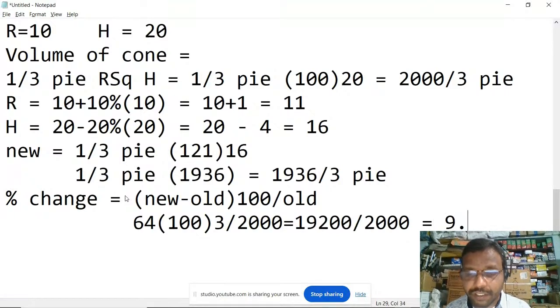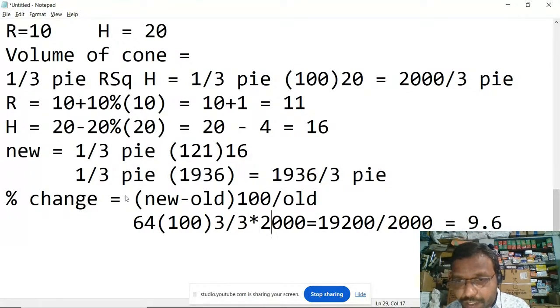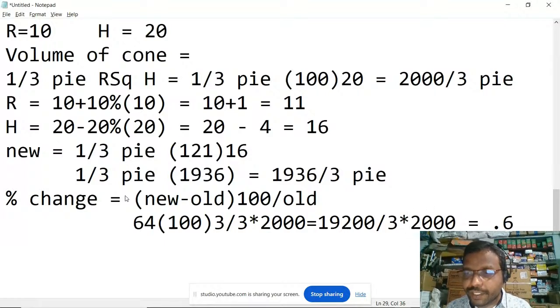Clear? Yeah, 64 by 3. Here into 3. So automatically 90,012 by 6,000, 3.2.